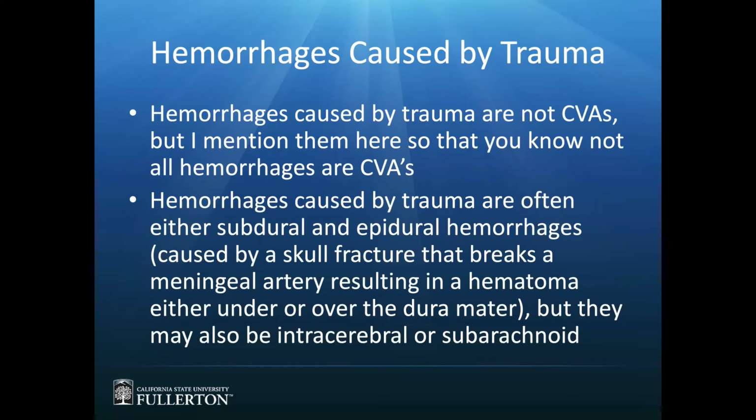Your dura mater has arteries coursing through it. And so if you have even a skull fracture that's not really noticeable, it can cross one of those arteries and cause it to break. They're called meningeal arteries. They're small little arteries, but they'll start to leak fluid, and it'll form a collection in kind of a pool, either between the dura and the skull, or just between the dura and the arachnoid matter beneath it.